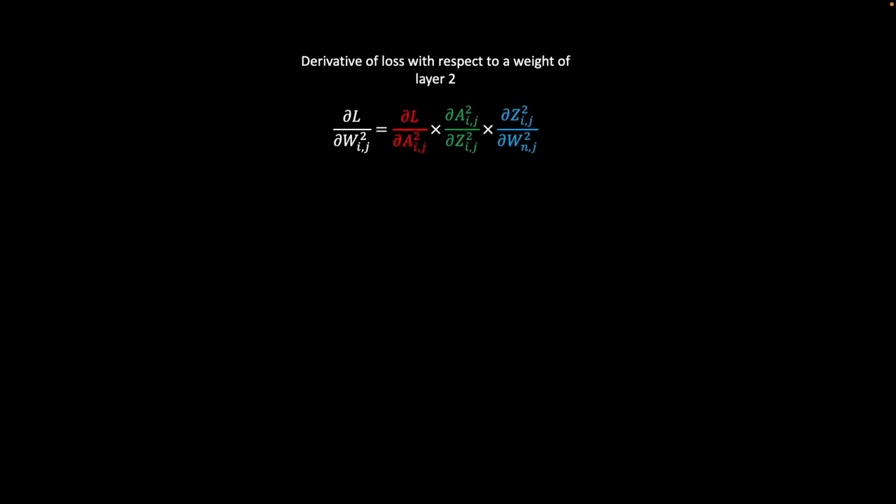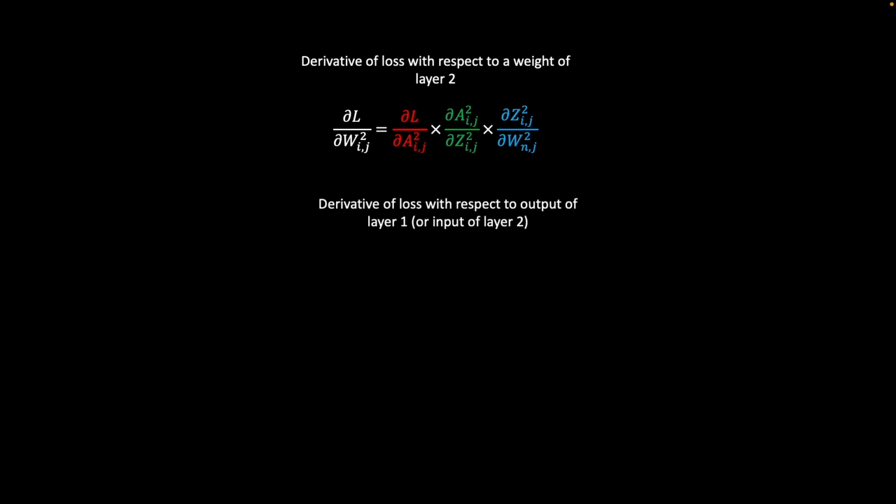So, in order to calculate the derivatives with respect to the weights and the biases, we need to break it down into equations. The derivative of the loss with respect to the weights of layer 2 can be broken down into the derivative of loss with respect to A2, the derivative of A2 with respect to Z2, and the derivative of Z2 with respect to the weights of the second layer.